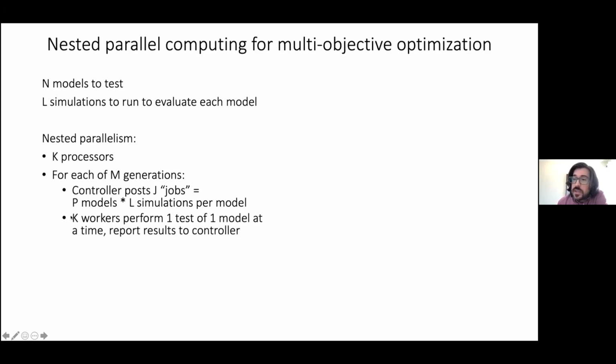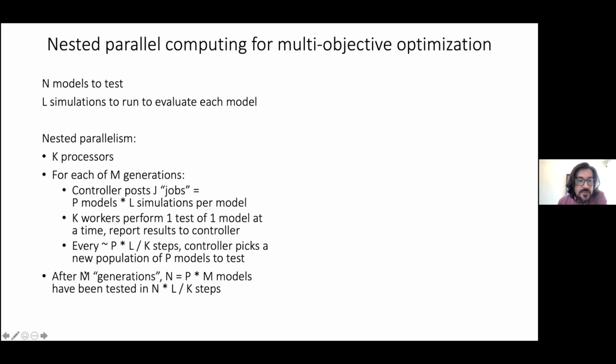And so then each worker would now perform one test of one model at a time, and it would report the results to the controller. And then the controller can decide a new population of models to test. And so then at the end, after M generations, you've now evaluated your N models, and you've done it with N models times L simulations divided by the number of workers.